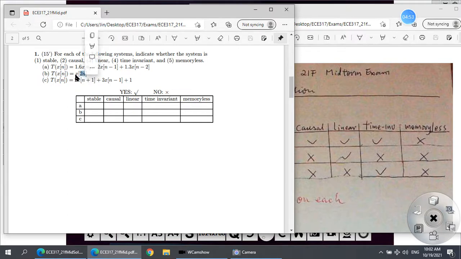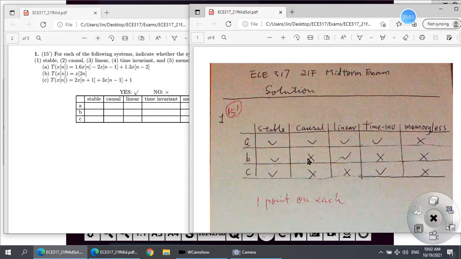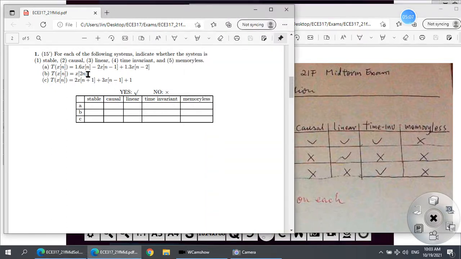So here at the output side we only have 0 to 4 and so on, 2n, right? That is stable. And then causal, no, because if n is 1, this will be x of 2. So at time 1, the output depends on x of 2, which is a future value.